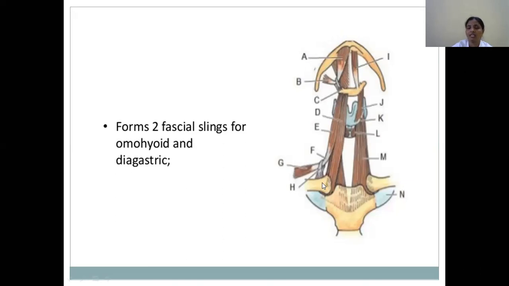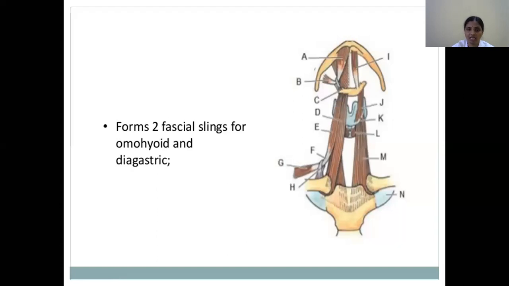So what is this sling? It is again a modification or a thickening of the investing deep cervical fascia. If you trace this investing sling further, it extends to the clavicle. From the clavicle, if you trace this fascia further behind the clavicle, it extends into the thorax, where it forms the clavipectoral fascia.